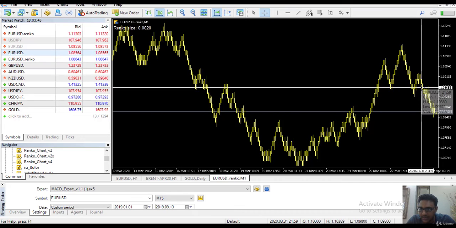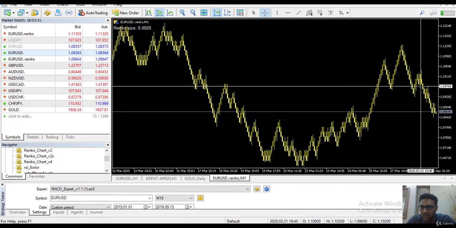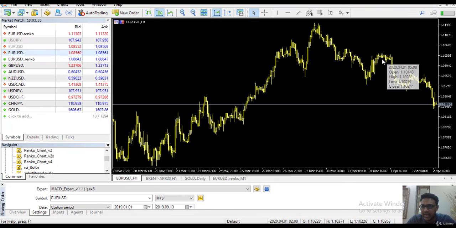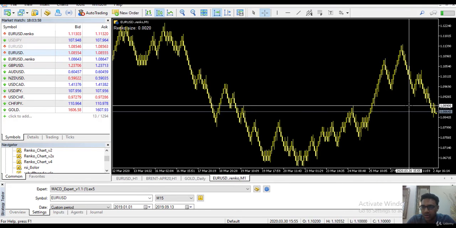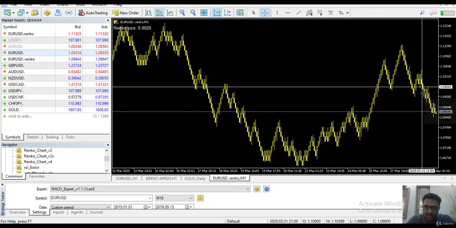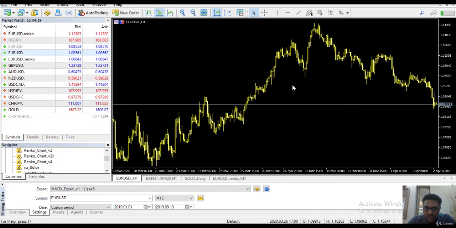Yes, this area, and all the way it has moved only 2 bricks during those 10 H1 candles. It has only moved 2 bricks of 200 pips, right? So this is how Renko makes it more interesting. Renko does not take into account the noise and the range areas that we want to filter out.